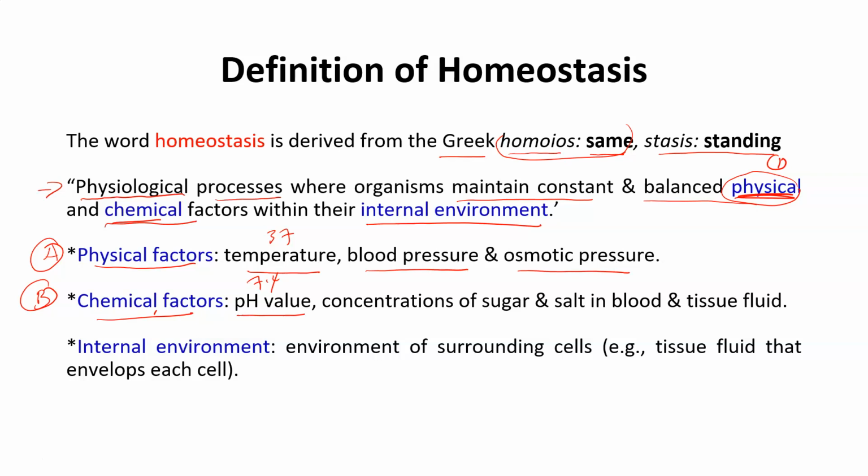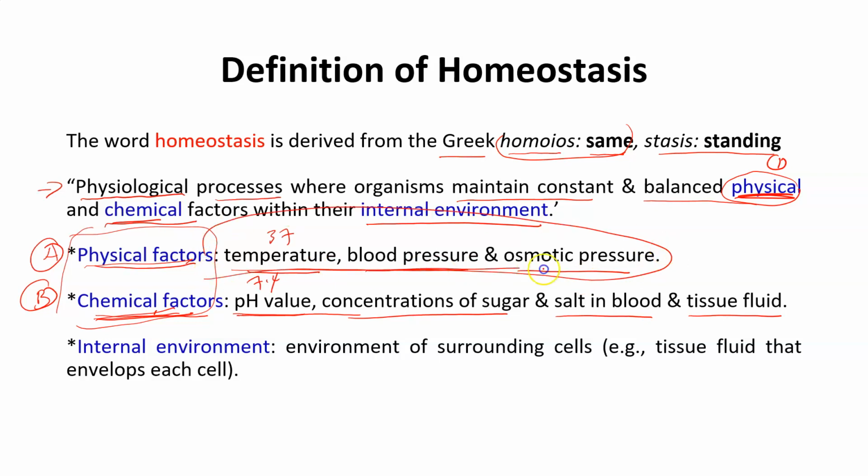And then concentration of sugar and salt in the blood and tissue fluid. That is chemical factors. So you have to know, badan kita kena maintain these two factors, physical factors and chemical factors. Examples of physical factors you have to know, examples of chemical factors you have to know, and what are the normal set points.